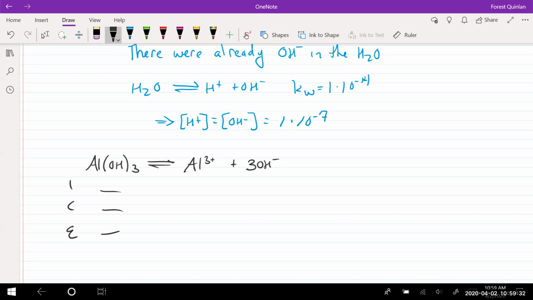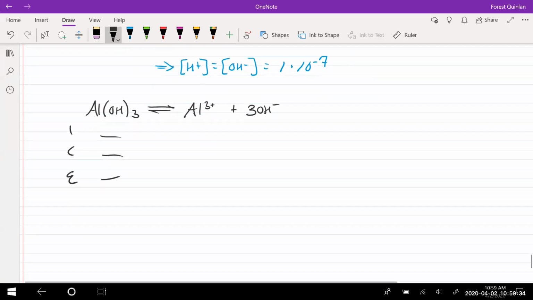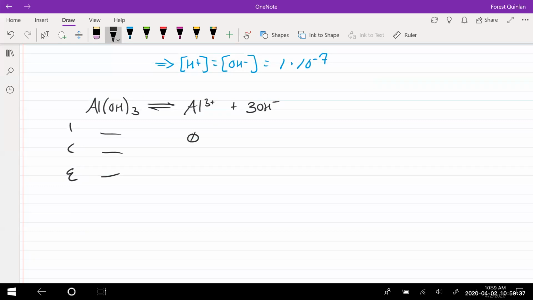So the aluminum itself started out at 0, but the hydroxide started at 1 times 10 to the minus 7. And then, of course, we just add 1x for the aluminum and 3x for the hydroxide. And so you end up with x and 1 times 10 to the minus 7 plus 3x. Is everyone with me? Yep. Okay.